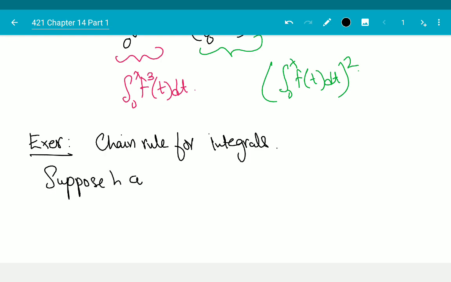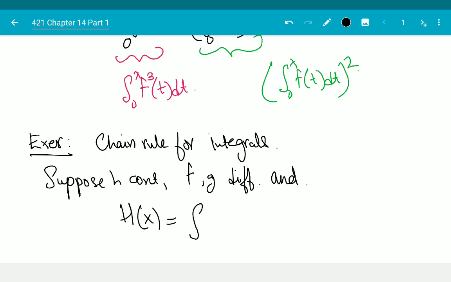Suppose h is continuous, f and g are differentiable, and capital H of x is equal to the integral from f of x to g of x of h of t dt.